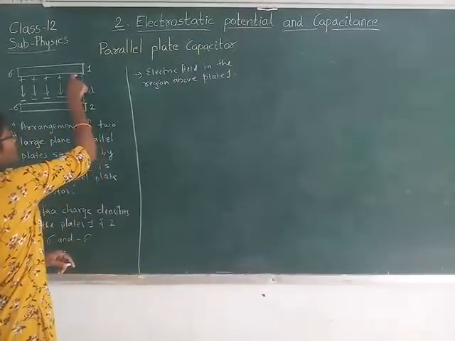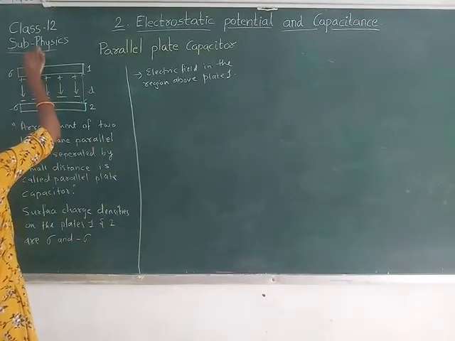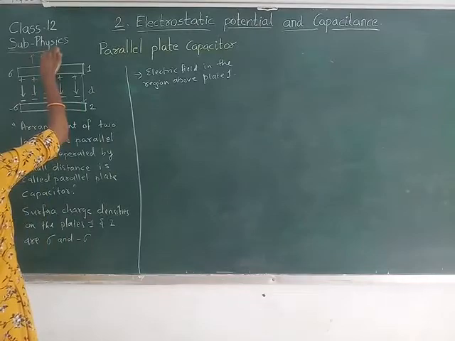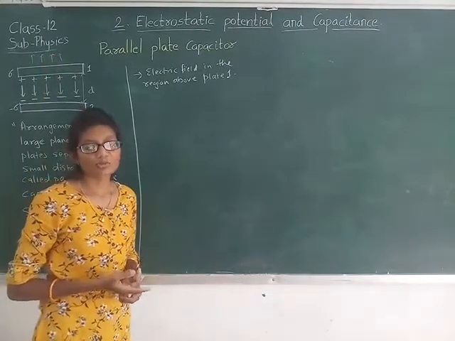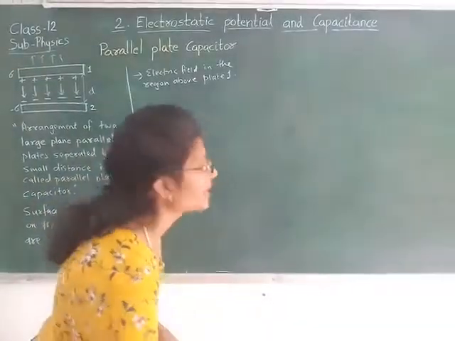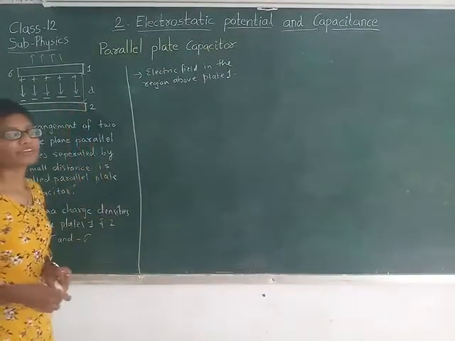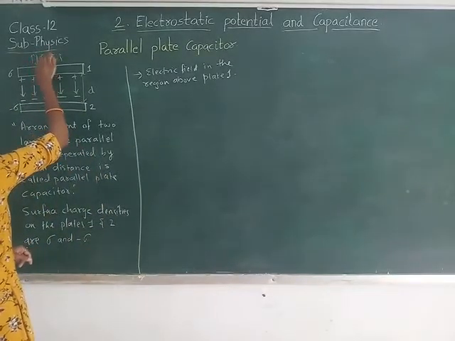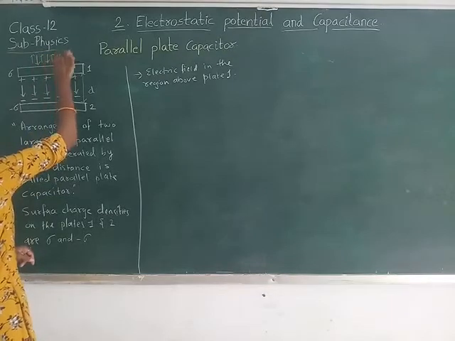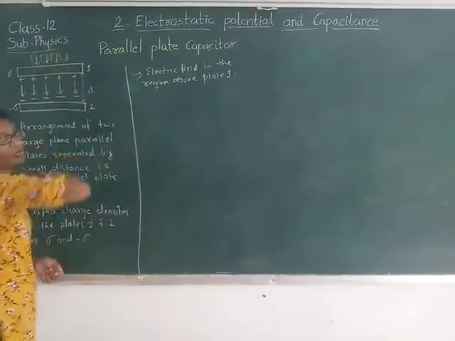See, here due to the positive charge, in this region the electric field will be where? The electric field line will always be outwards from the positive charge, right? And due to the negative charge, the electric field will be towards the negative charge, right? So this is how the electric field will be produced in the region above plate 1.